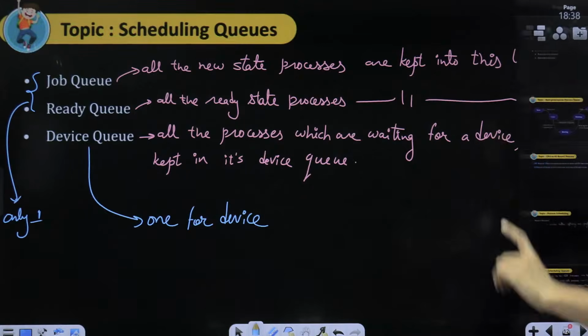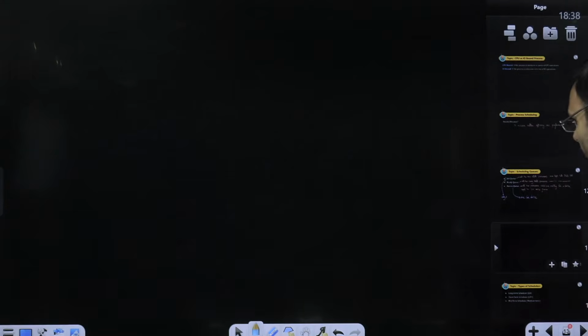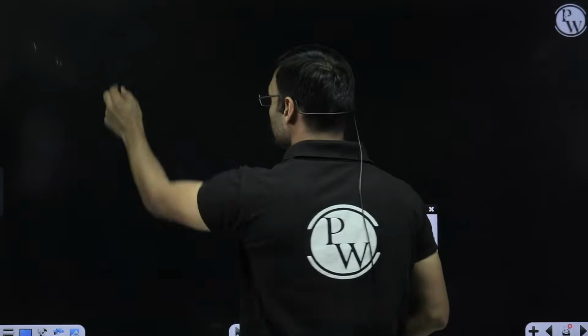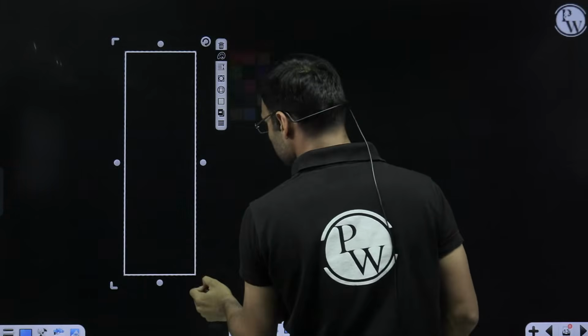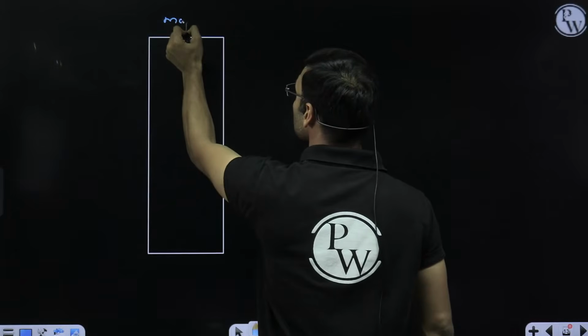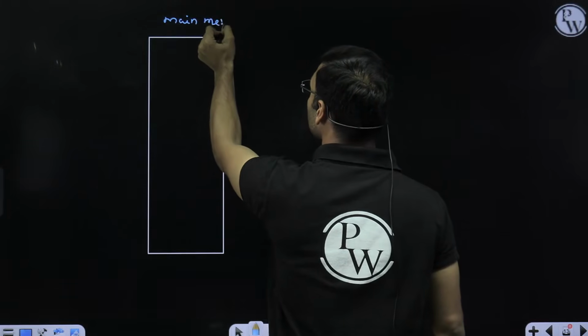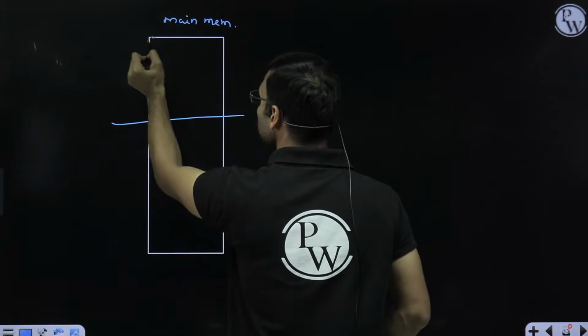Now look at this. I have explained this already, but this is very exclusive content. When you make main memory, in main memory the operating system part is there.